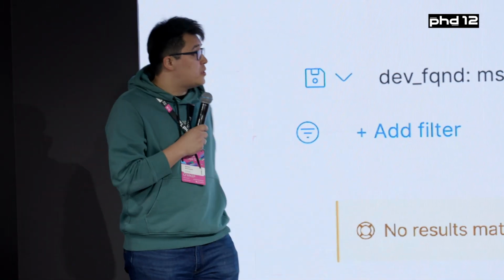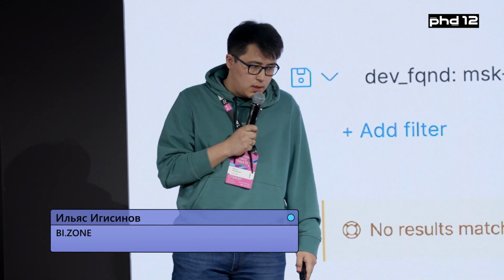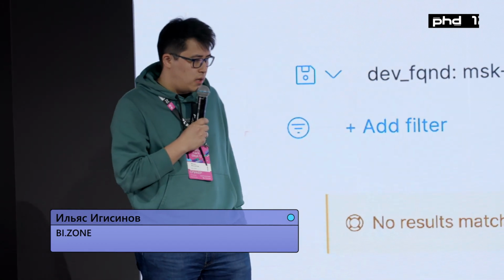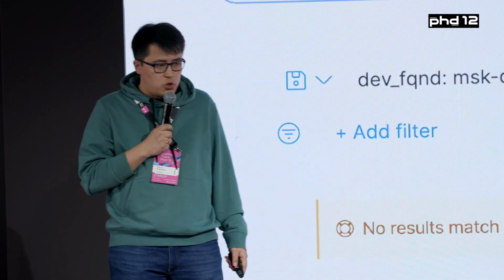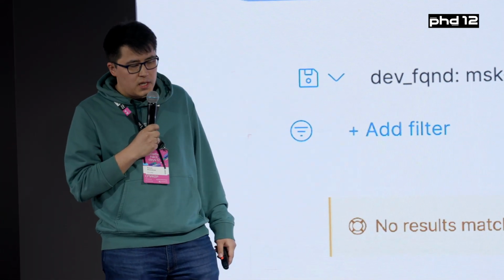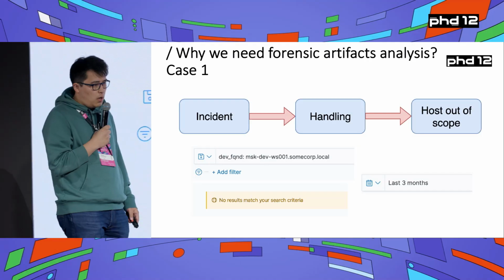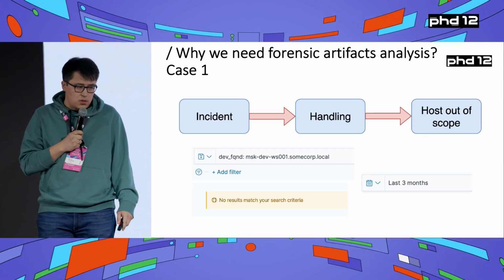Let us try to find ourselves in the shoes of a SOC analyst, and we'll see what they face almost daily. Well, number one, the analyst might be missing some data the SIEM has, and the first type of situation is like that.